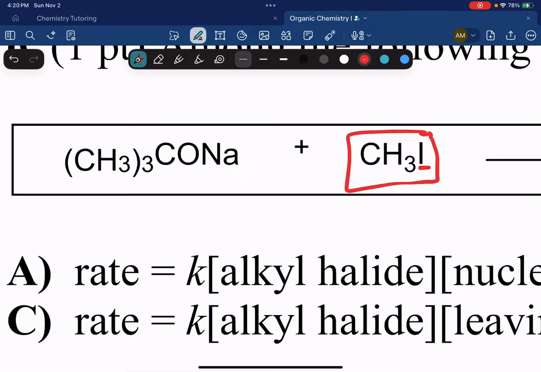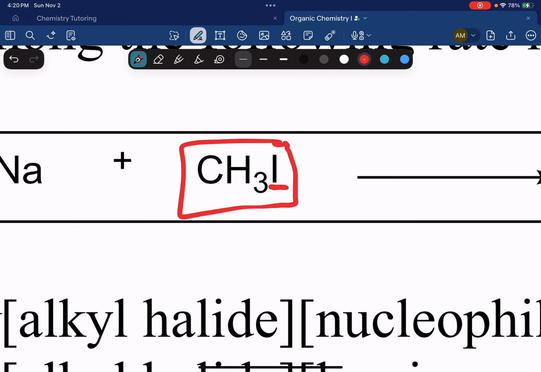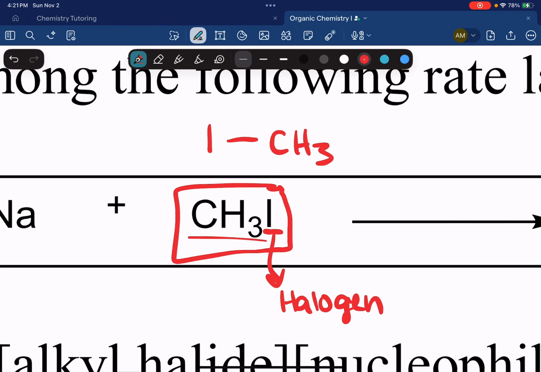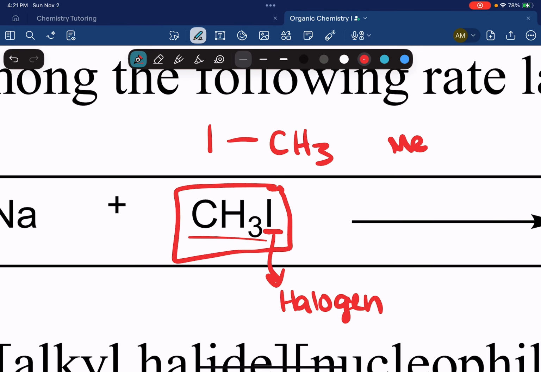Okay. So you saw iodine, which is a halogen, which lets you know that this was our alkyl halide. So we've got iodine bonded to a single carbon. Now, what does that look like? A methyl, right?